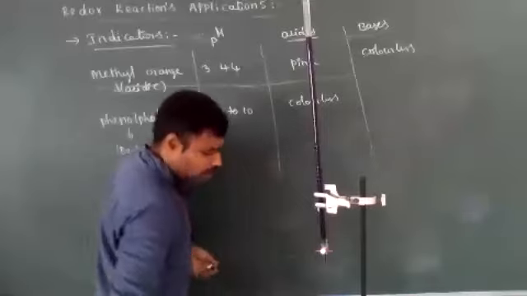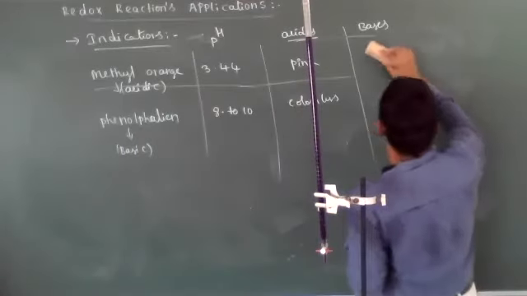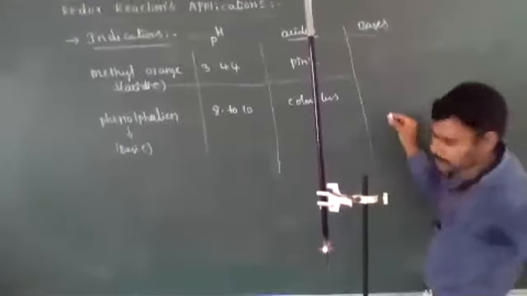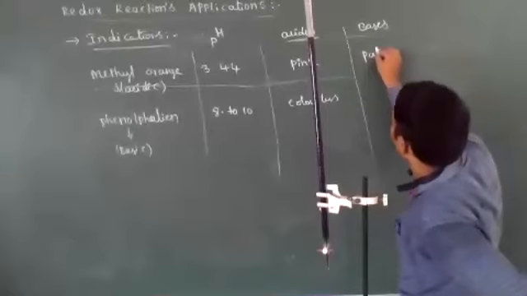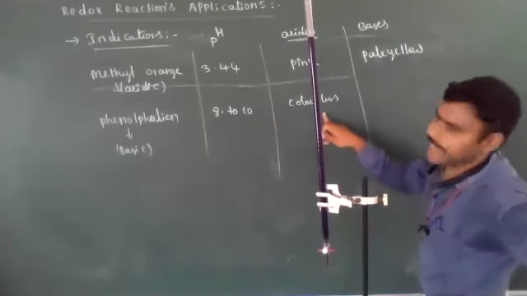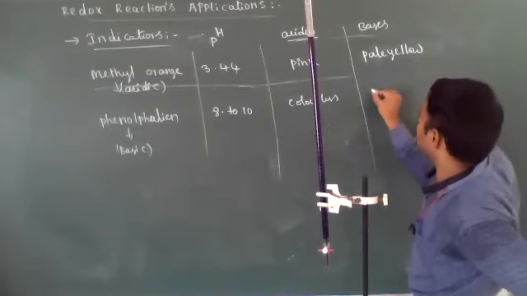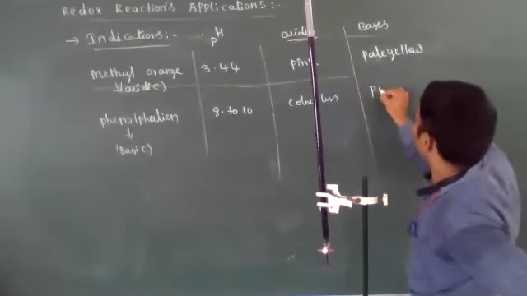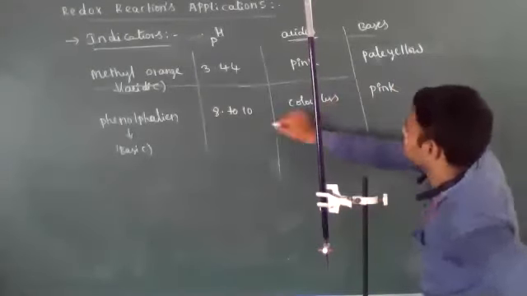Sorry, here not colorless, ma'am, pale yellow for methyl orange in bases. Phenolphthalein indicator in acids is colorless, but in bases pink color will form.